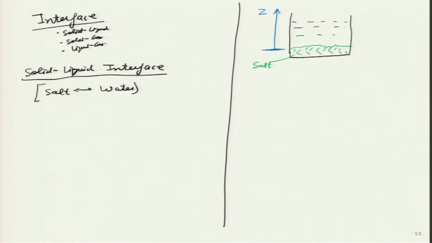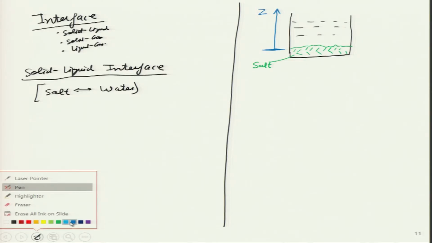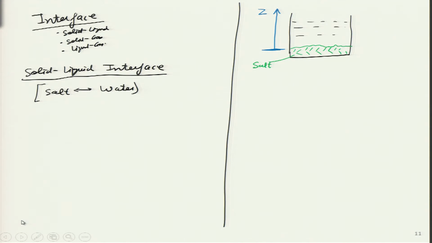I have kept it in room condition, there is no bulk motion of water, I am not moving that bucket or glass around. So, what am I going to expect will happen after some time? Let me draw that over here. After some time, what I am going to find, maybe I will draw it in red color, is that some of the salt will start to get dissolved and it will get mixed with water.